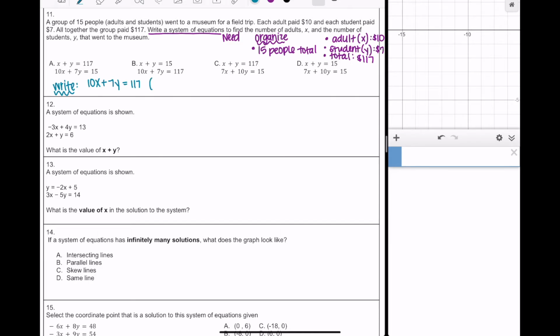So that one's all about the money. Then we have an equation all about the total number of people. So X adults plus Y students is a total of 15 people. So that system of equations would be X plus Y equals 15, 10X plus 7Y equals 117. That would be B.